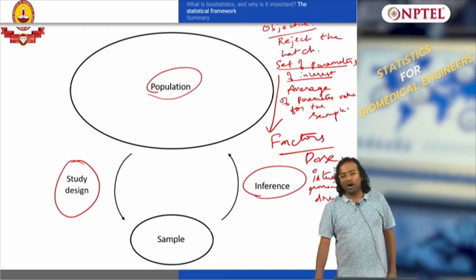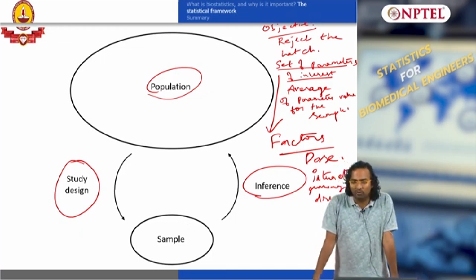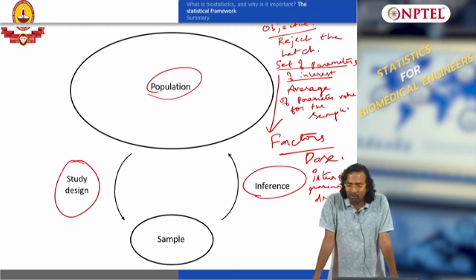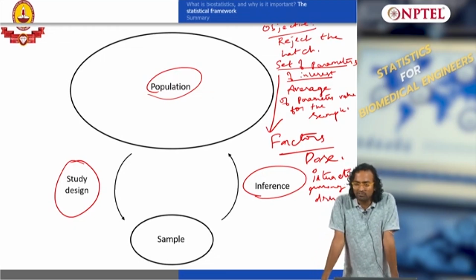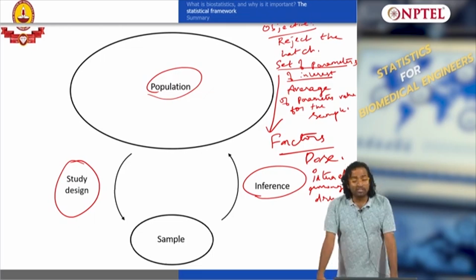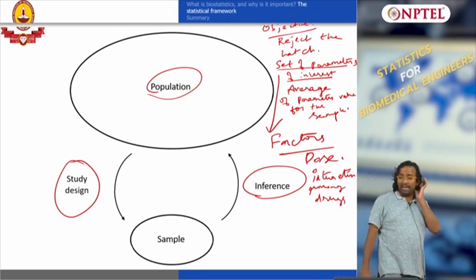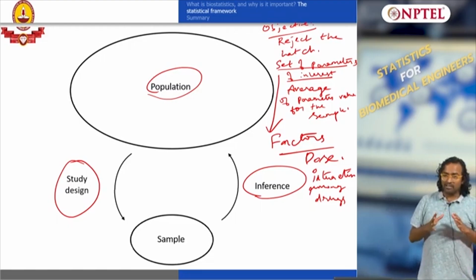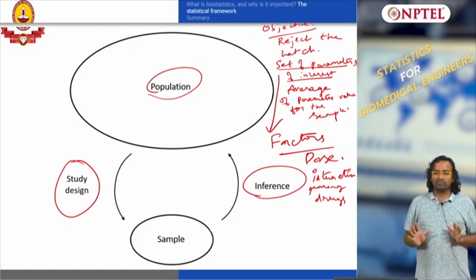That is when you know what sample to even look for, how many samples to look for. Because if you are going to do at 10 dose levels, can I take only one sample from each dose? No, right? You need to have enough samples for each dose level, okay. So when you list your objective very carefully, your study design will tell you how much sample you should pick up, okay.